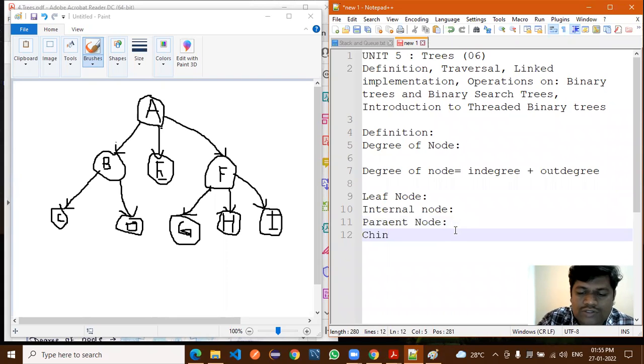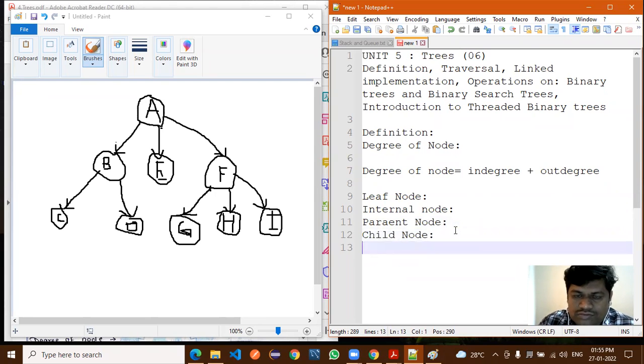Child node we discussed. Next, siblings. To whom are we calling siblings?